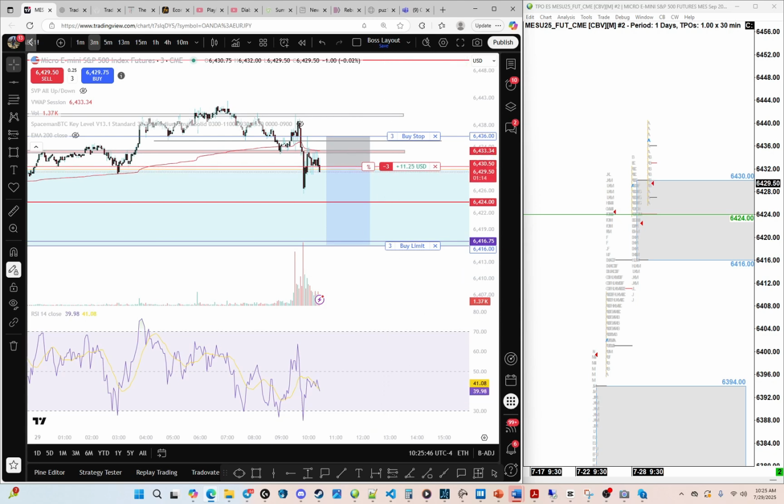So we have some buyers at 64.25. We also have a good amount of buyers at that 64.15 area as well.